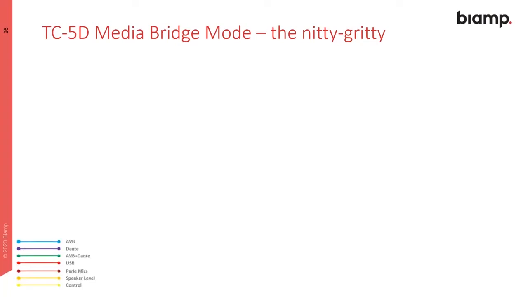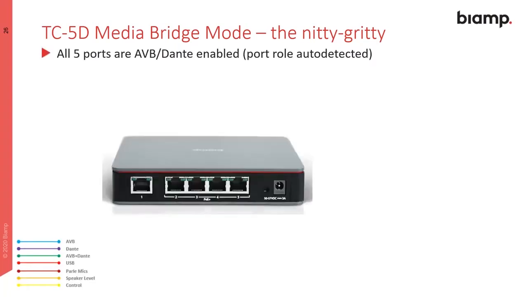Okay, so we have the TC5D media bridge mode. All 5 ports are AVB Dante enabled ports. The ports are auto-detected. So anytime you plug in a laptop, for example, it will detect that this is a control port, not flowing any Dante channels or AVB channels into your switch.